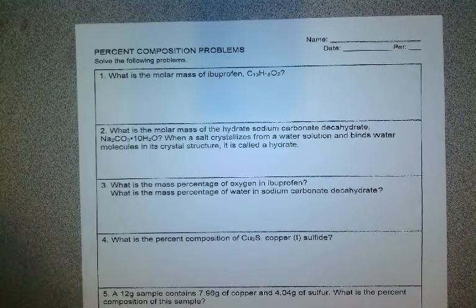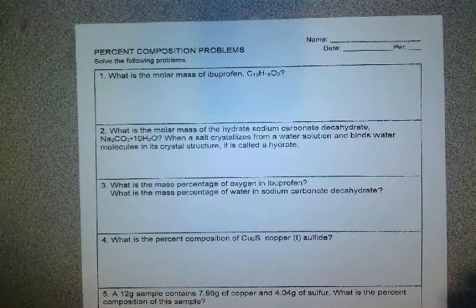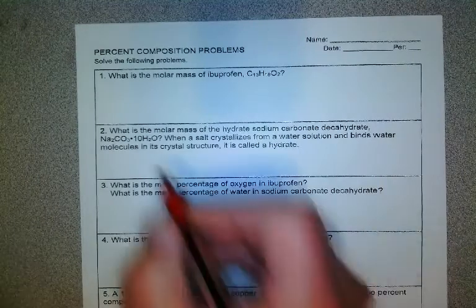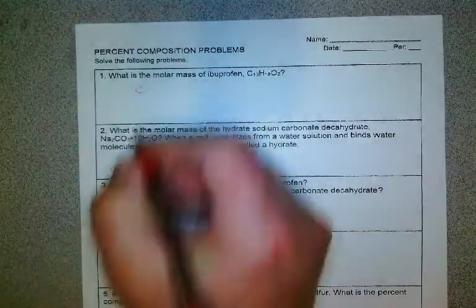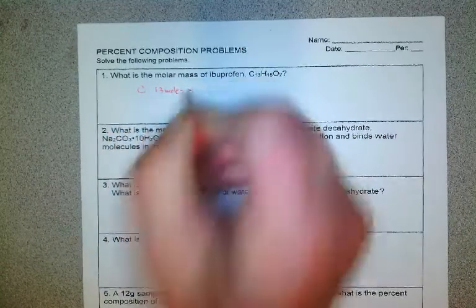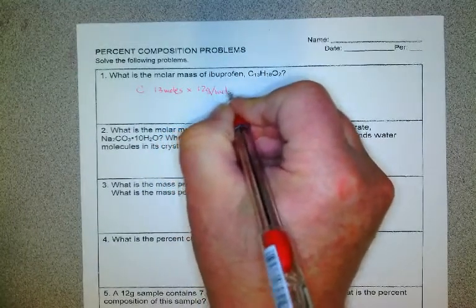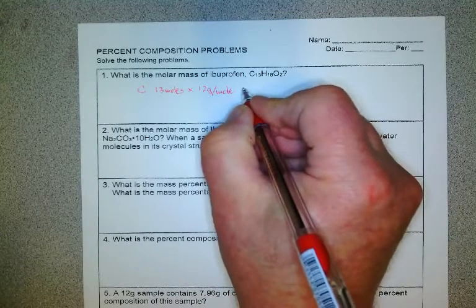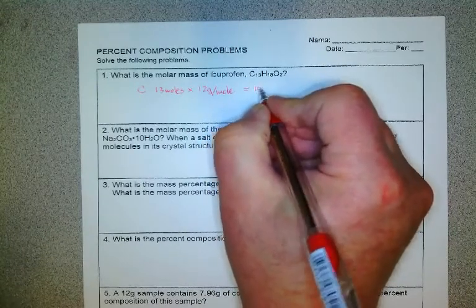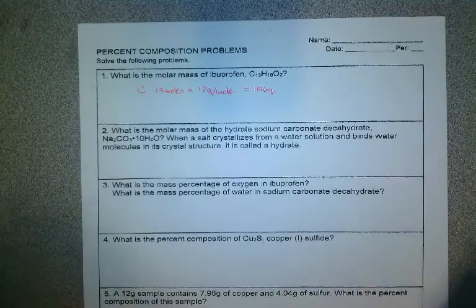So to do percent composition, we first need to know what is the total amount in 1 mole. In other words, we need to find the molar mass. So for the carbon, we have 13 moles, and then off the periodic table, 12 grams per mole, and so that'll give us 156 grams of carbon in 1 mole of ibuprofen.